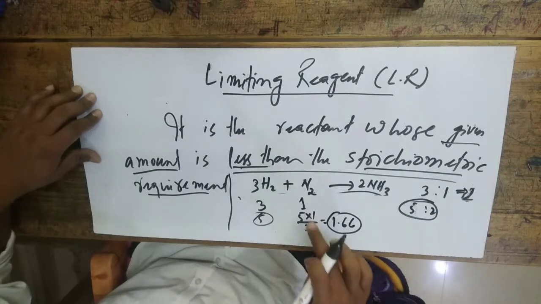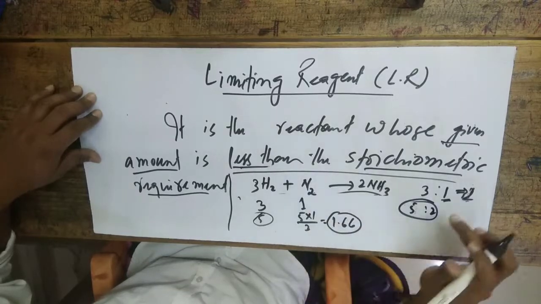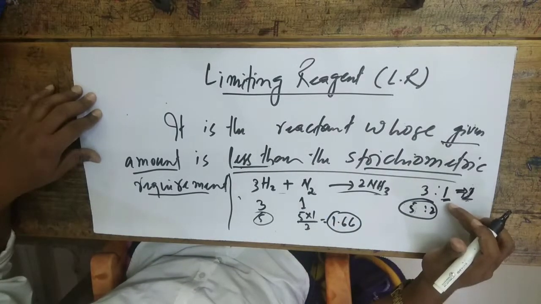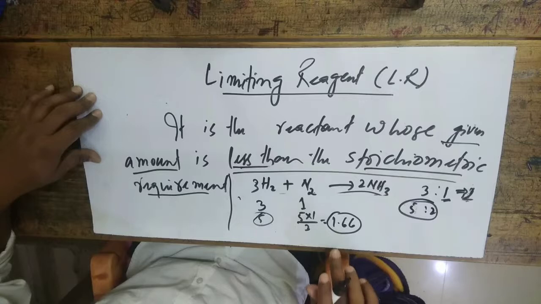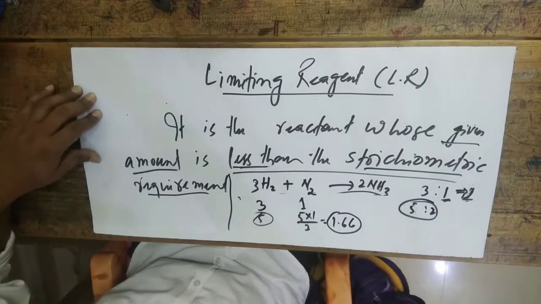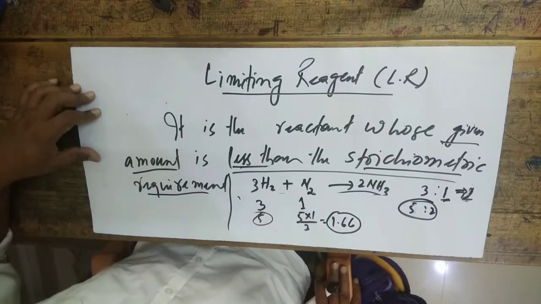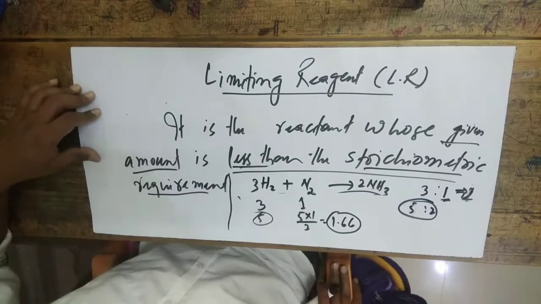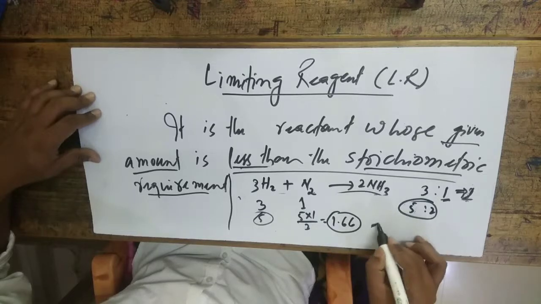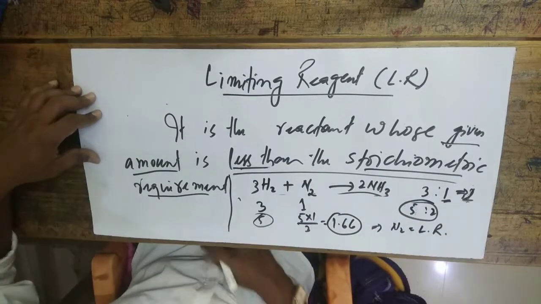So the required mole of nitrogen is 1.66, but we are given more than this. So limiting reagent is nitrogen. Let me check again.